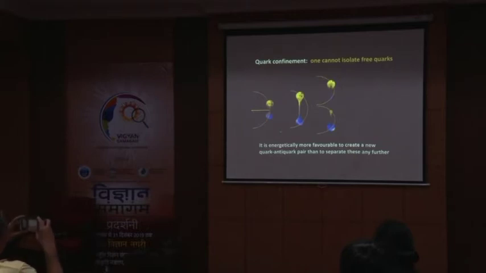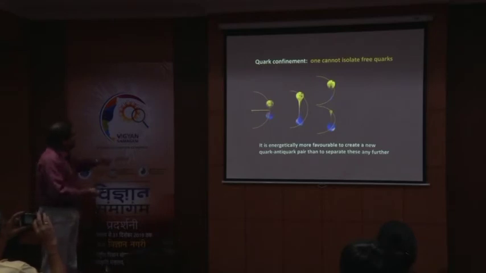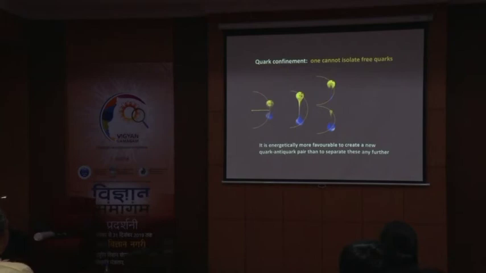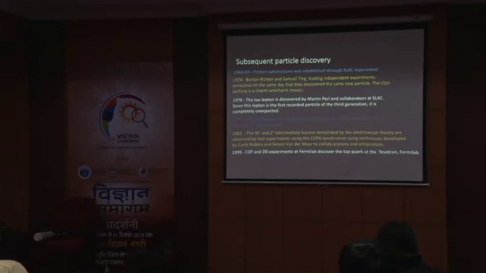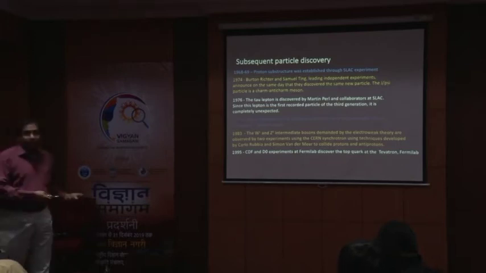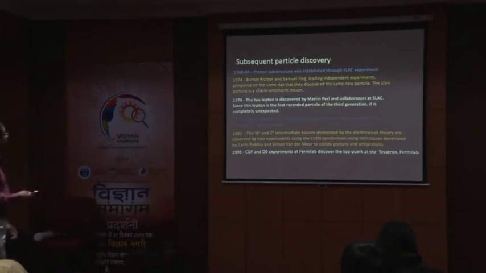In fact, if you try to detach two of the quarks in a meson, so much energy is required that the energetically favorable scenario would be that two more mesons would be created rather than keeping them apart. So this was the quark color hinting at that time.